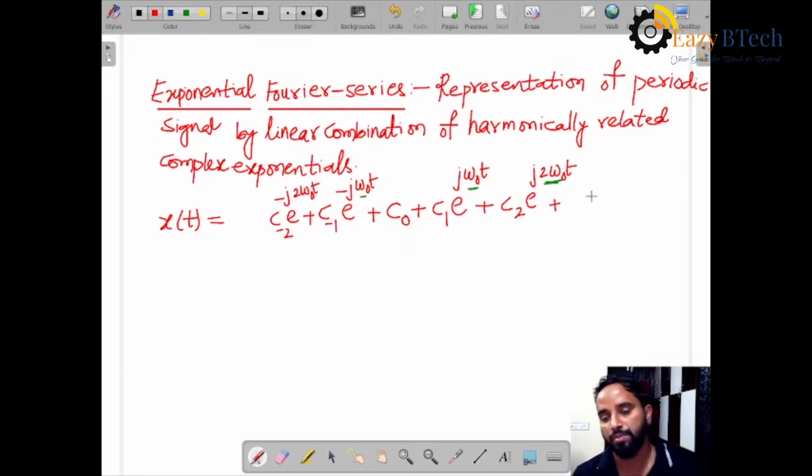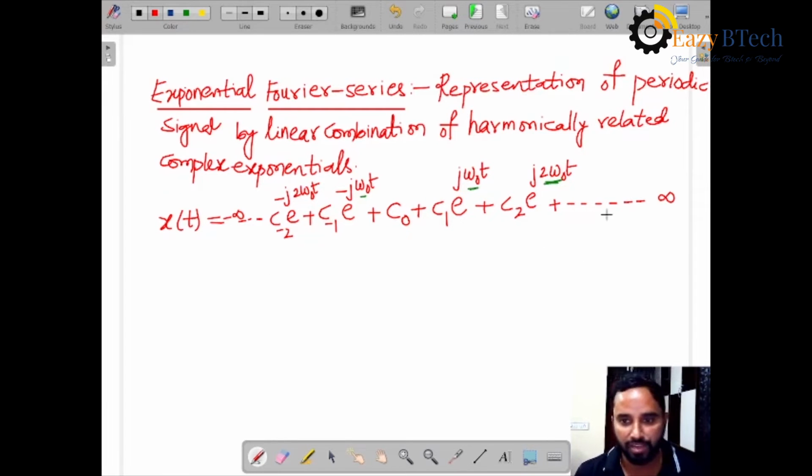Next c3 e to the power j 3 omega naught t, and so on up to infinity, and here also up to minus infinity. So whatever the definition, the same thing I have written mathematically. Nothing new here. The x of t is a periodic signal represented using harmonically related complex exponentials.